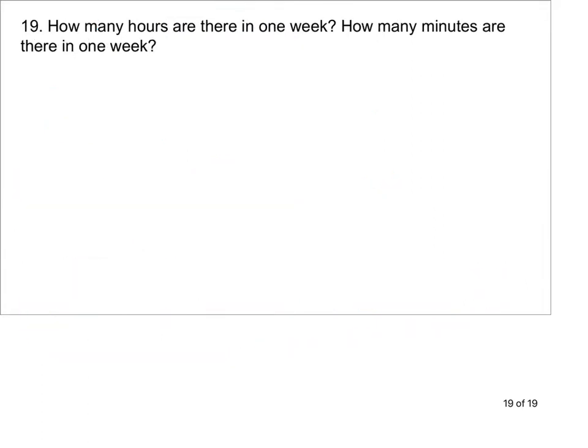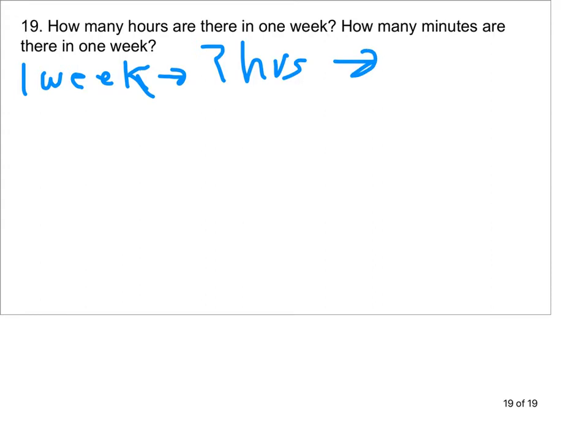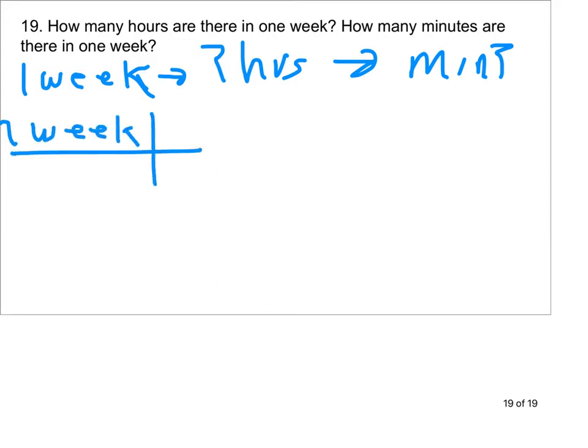And number 19. Here it says how many hours are there in a week. So we want 1 week is how many hours. And then it also wants to know how many minutes. So in 1 week, you hopefully know there's 7 days.